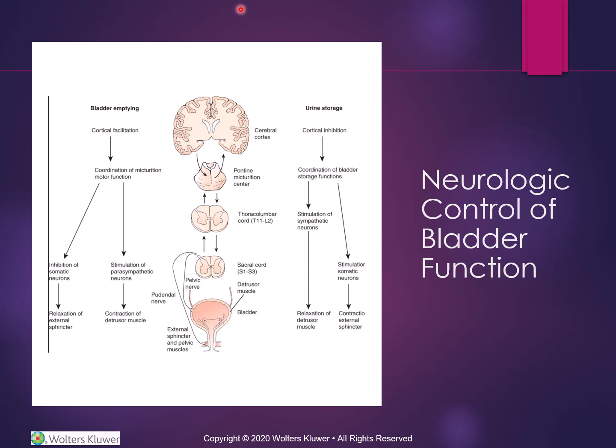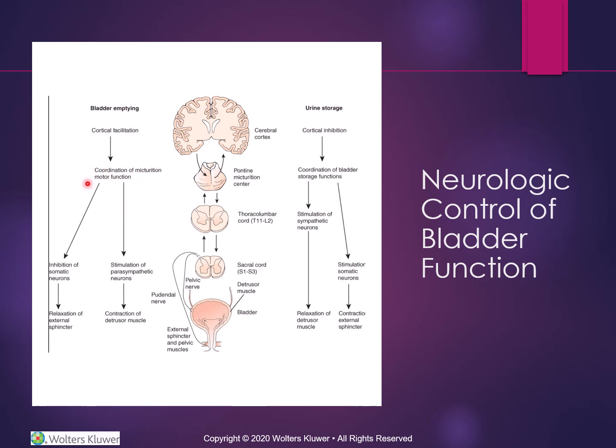The descending pathways from that pontine micturition center produce this coordinated inhibition or relaxation of the external sphincter. So you can see here, if we are working towards bladder emptying, there's cortical facilitation that says it's time to empty, that comes down from the forebrain to this micturition center.